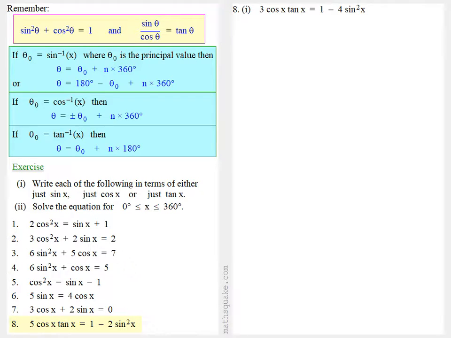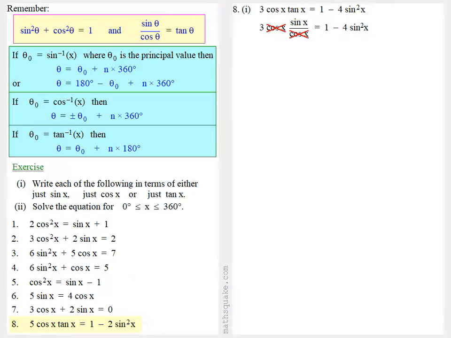Now in question 8 we're given 3 cos x tan x equals 1 minus 4 sine squared x. Now we can substitute tan x is equal to sine x over cosine x. And then we can cancel the cosines.